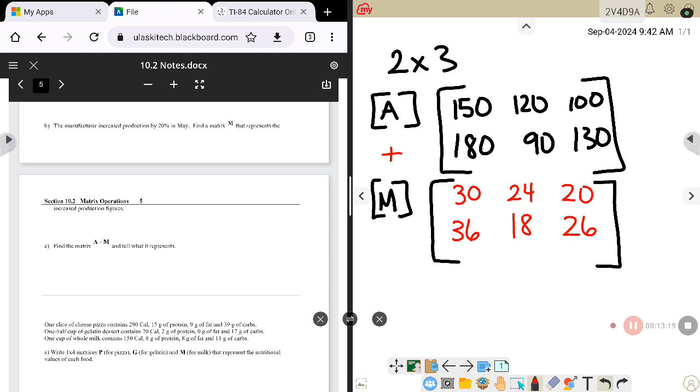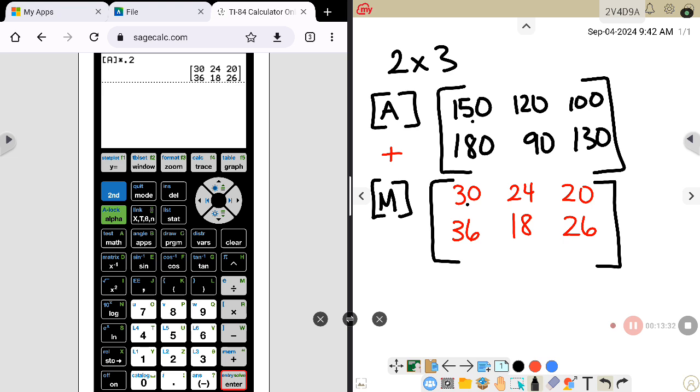So I can either, like I did in the last example, just go through and add the corresponding figures, or I can do this in my calculator. Because remember, I have my matrix stored, so second matrix. Now remember, the one that I have in A is this one right here. I've already got that one stored in there.